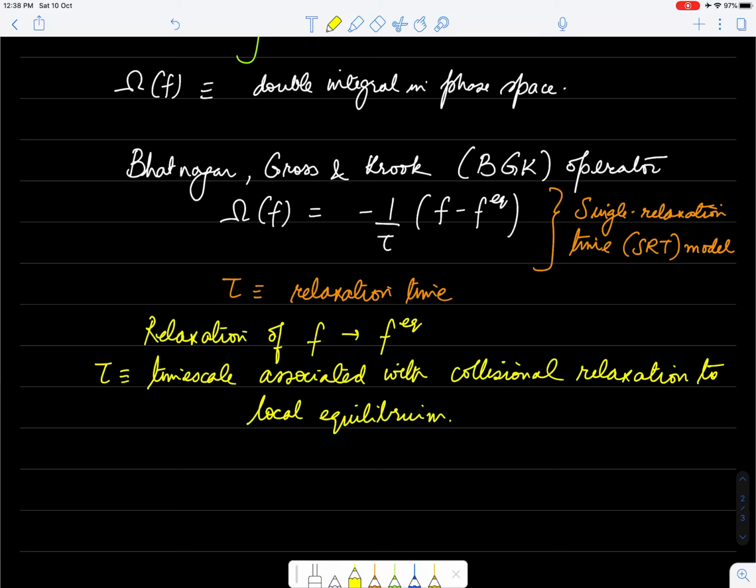Remember we spoke about time scales earlier. So this is the time scale of the local equilibrium process.